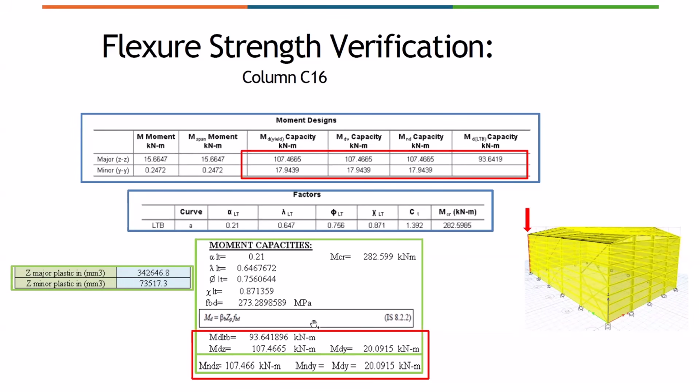So these values again can be verified from the Excel sheet where the MDLTB values are calculated. The program will also calculate the MCR values, or the critical bending moment for lateral torsional buckling, and you will also be able to verify the MDLTBs that the program is calculating.